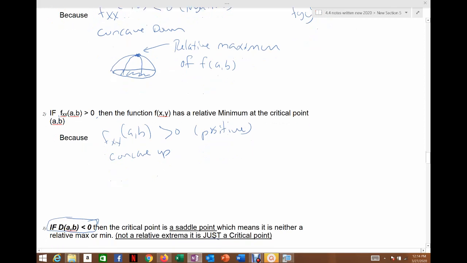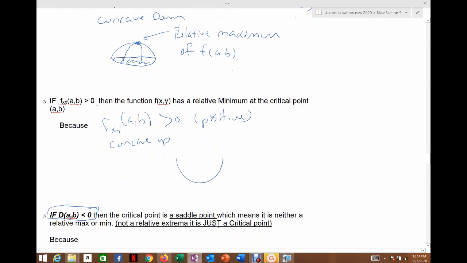Which means it's got this shape, and since it's positive in both directions, concave up, this is the shape that's coming out. So I've got a relative minimum of whatever that function value is.